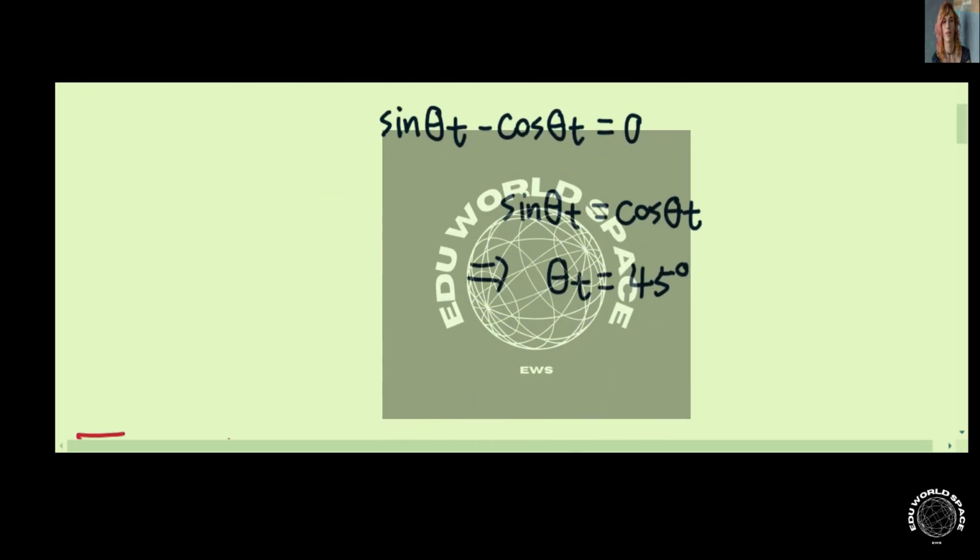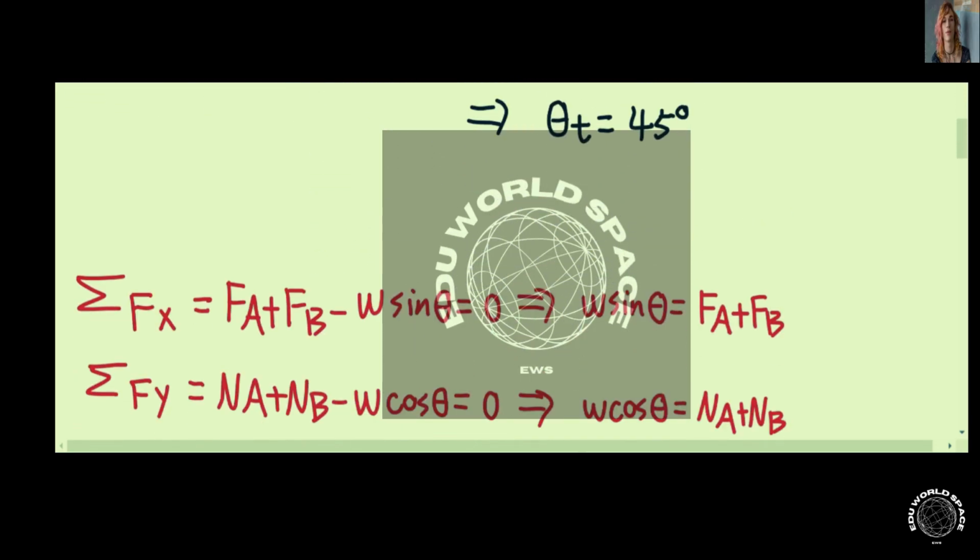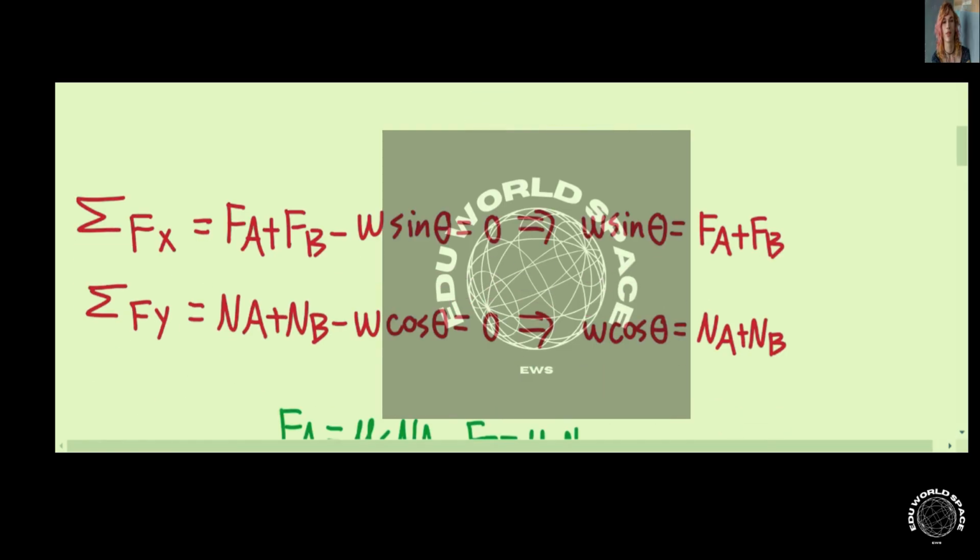Therefore, the net force in the x direction is F_A plus F_B minus W sine theta is equal to 0, where F_A is the friction at point A and F_B is the friction at point B. This gives us W sine theta is equal to F_A plus F_B. The net force along the y direction is also equal to 0 since it's in equilibrium. Therefore, N_A plus N_B minus W cosine theta is equal to 0, so W cosine theta is equal to N_A plus N_B.